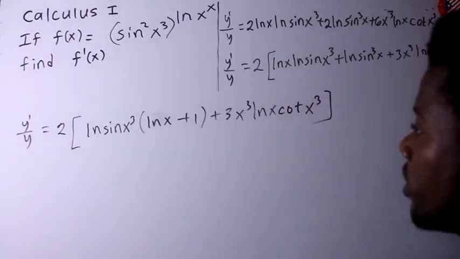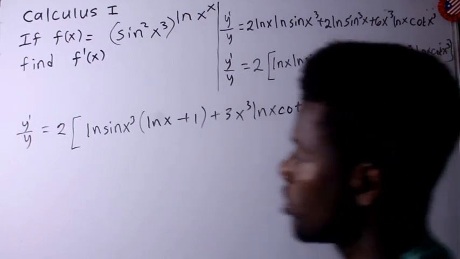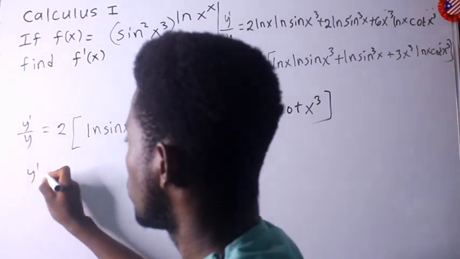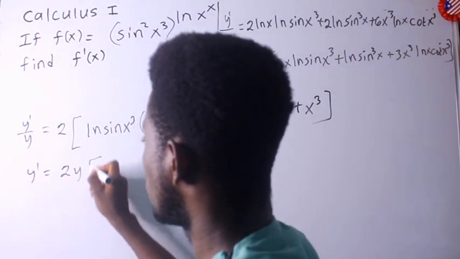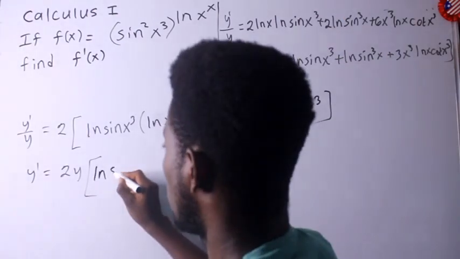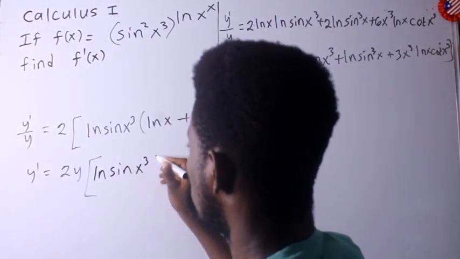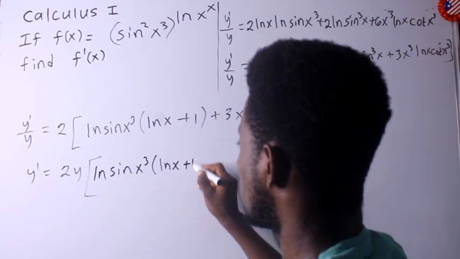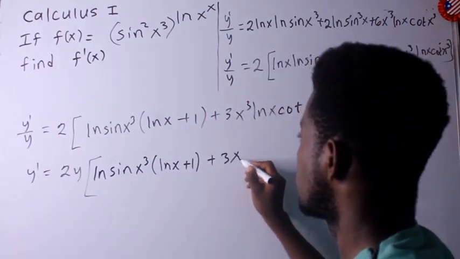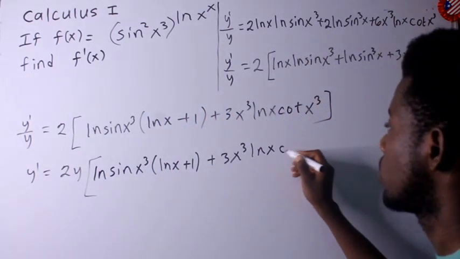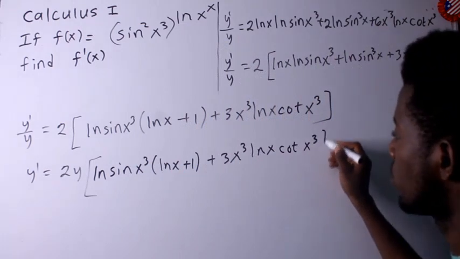I'm going to multiply the entire expression by y. So I'll have y prime is equal to 2y into the ln of sin x cubed times the ln of x plus 1 plus 3x cubed, the ln of x, cotangent of x cubed.